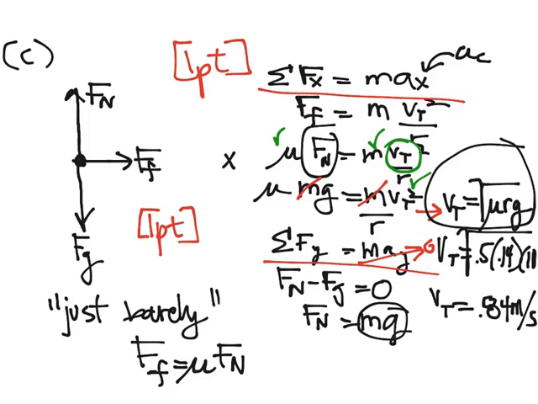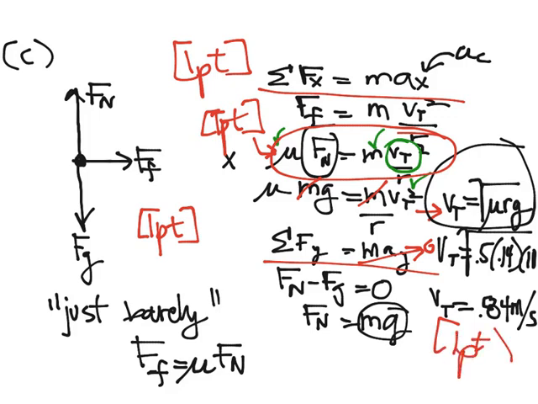Give yourself 1 additional point if you got to this part right here, where you have mu fn is equal to m vt squared over r. And then finally, give yourself a point if you got the correct answer.